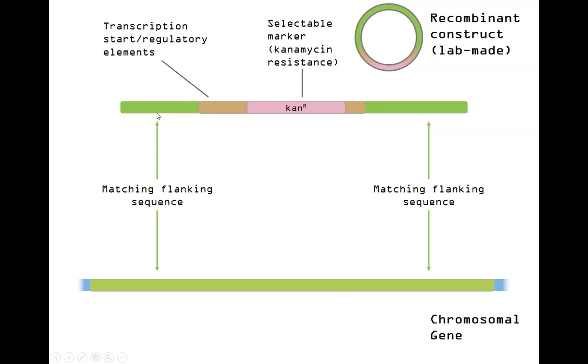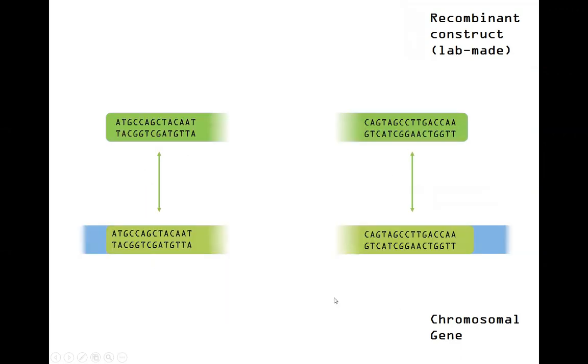So we have a matching flanking sequence. All right, so let's go ahead and look at what's going to happen next. We'll zoom in on this matching flanking sequence so we can actually see what this would look like. If this is part of our construct, and I've omitted the middle here so we can focus on the two ends, you can see we're going to have the same sequence, our ATGCC, etc. The same sequence here, it's just double-stranded.